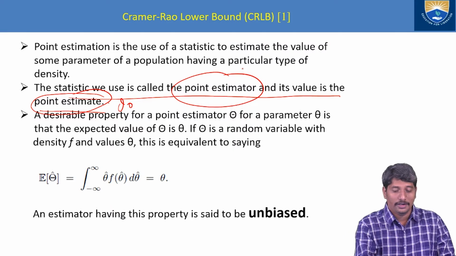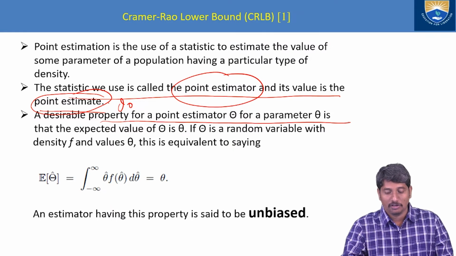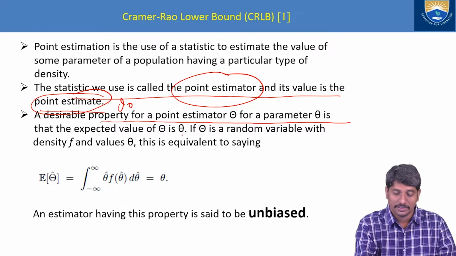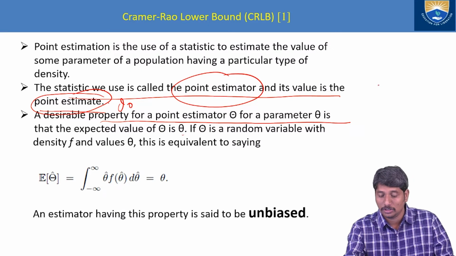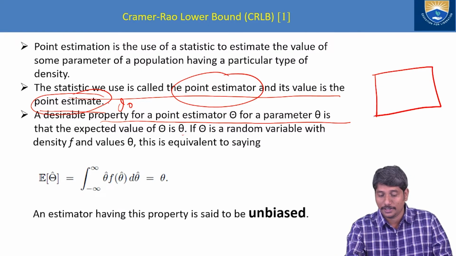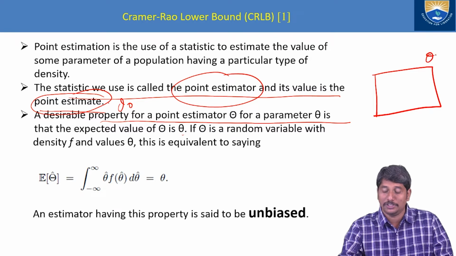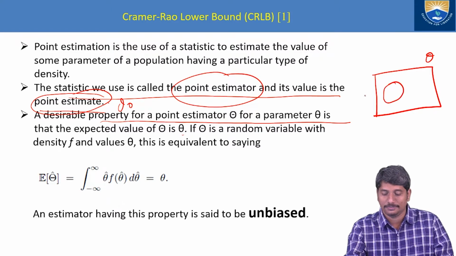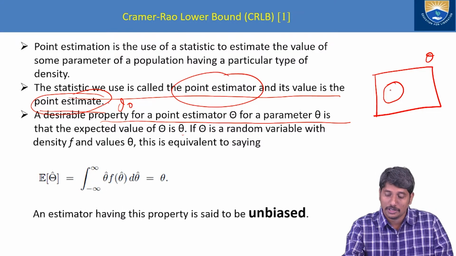Now, a desirable property for a point estimator phi of theta is that the expected value of phi is theta. That means, suppose you are trying to estimate the parameter theta of this population, where the population is represented by a rectangle, and you are using sample data to estimate theta, where the sample is denoted by the circle. Now we are using a formula which is denoted by phi.